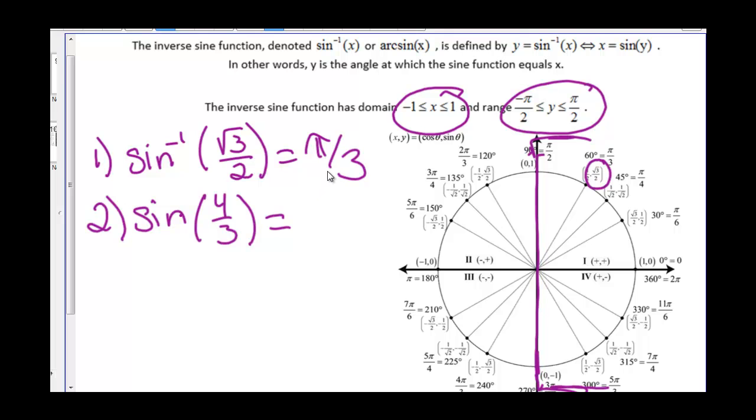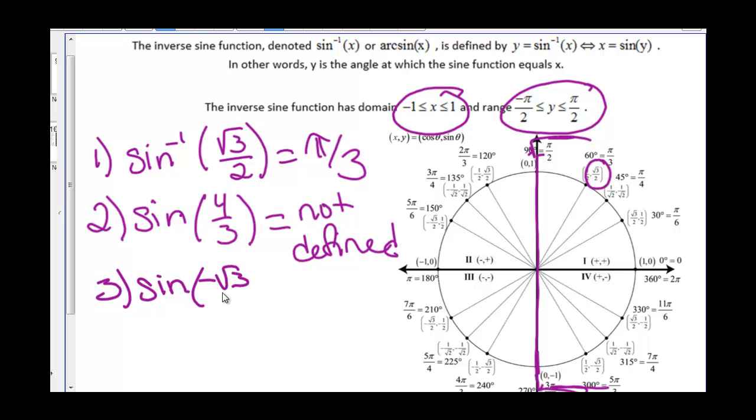So this value is not defined. Now let's try inverse sine of negative square root of 3 over 2. So we look on our half of the unit circle for negative square root of 3 over 2 in the sine location, and we get that this is 5 pi over 3.